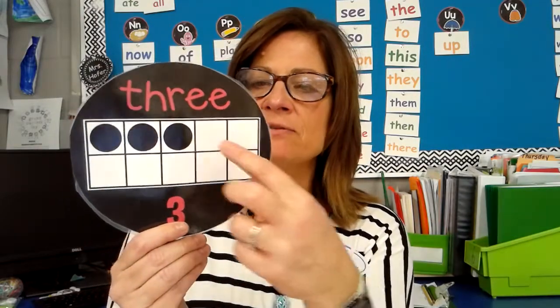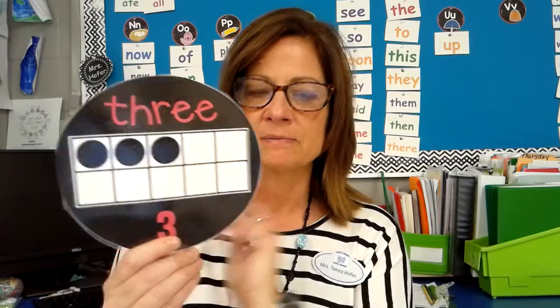All right, and how many more? How many empty boxes or how many more dots? That's right, we need 7. So we have 5, 6, 7. Okay, and our last one, how many more dots to get to 10? There's the number 6, and we need a 4.